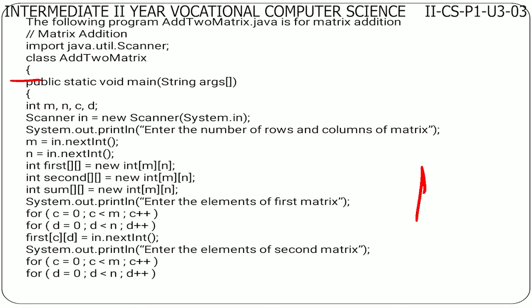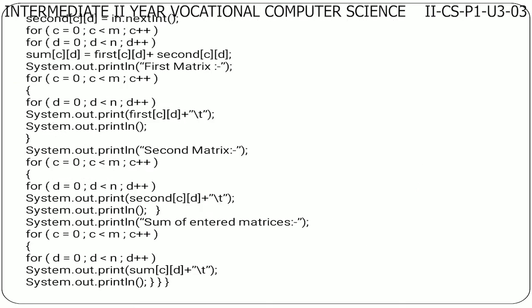In this way, I am reading the values of the second matrix. Then second[c][d] = in.nextInt(). Whatever values have been read from the keyboard are stored in second[c][d], that is the second matrix.